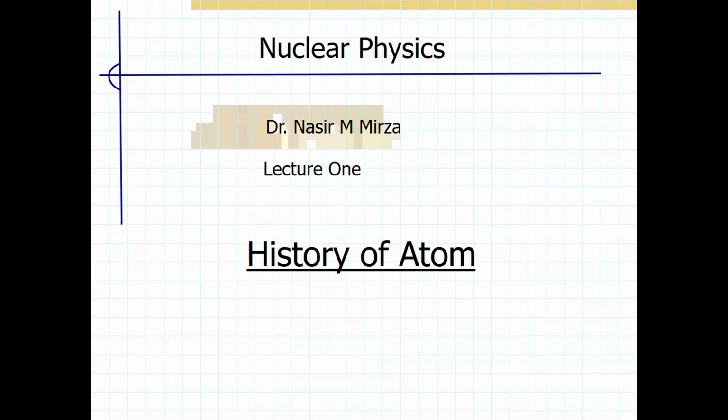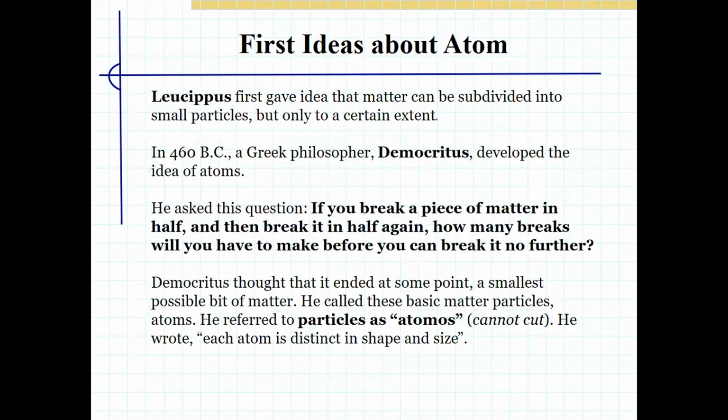In this lecture, this is the first lecture, we'll talk about the atom. First few ideas are due to Greeks. They thought that matter can be subdivided into small particles. We can go as low as possible, and then it becomes no more dividable.